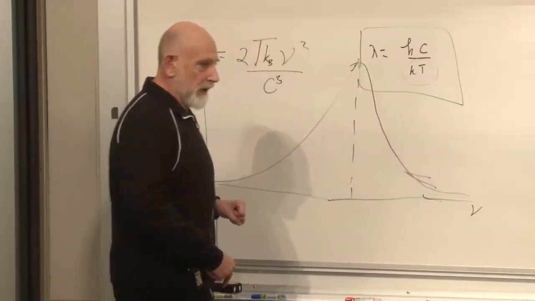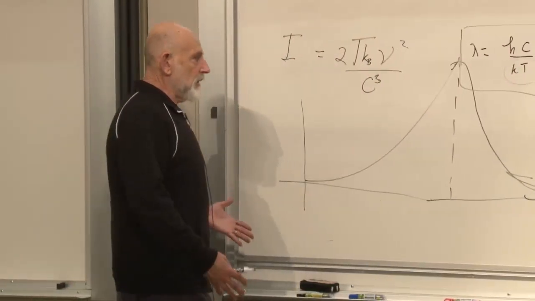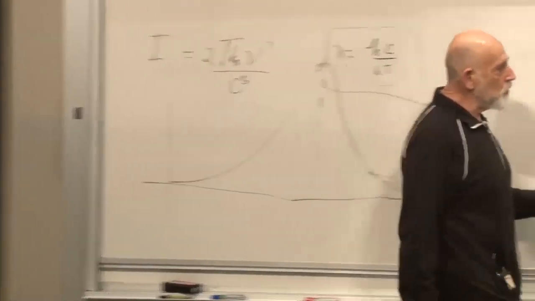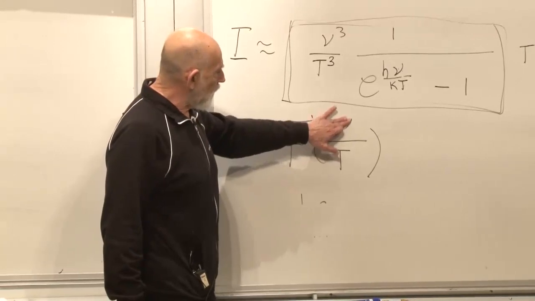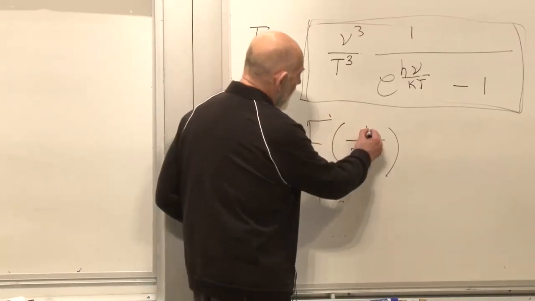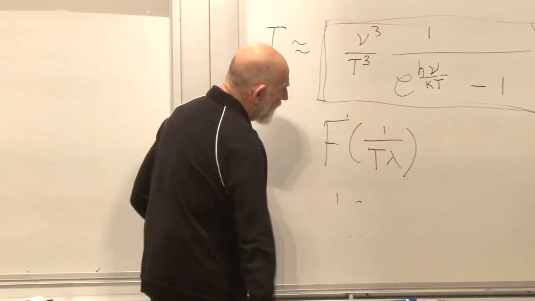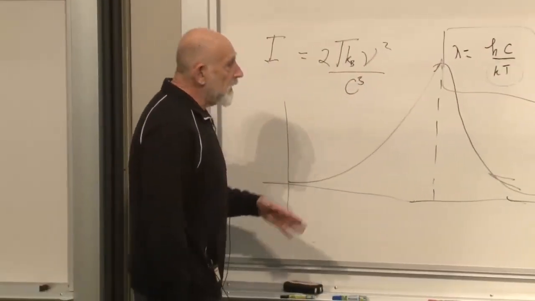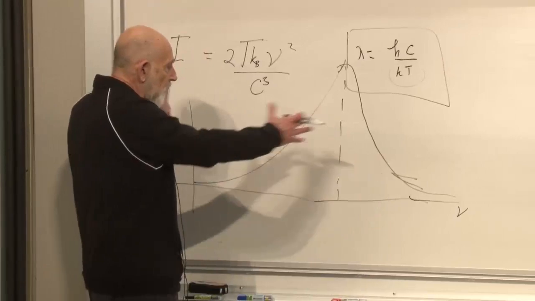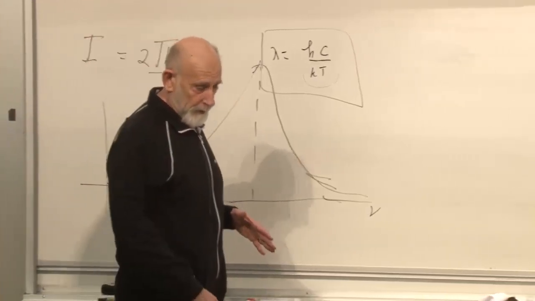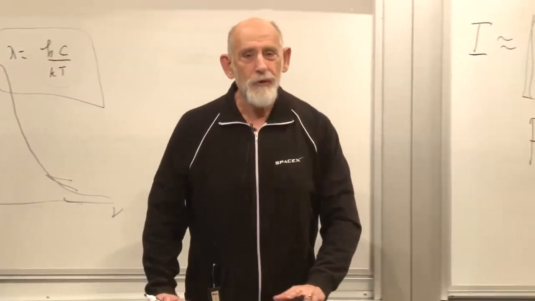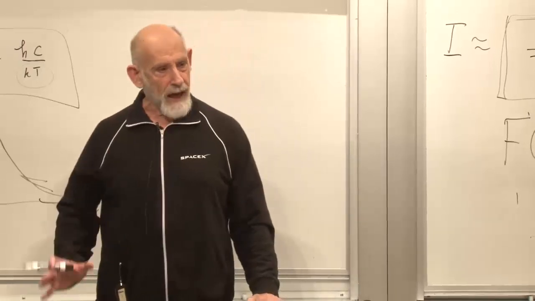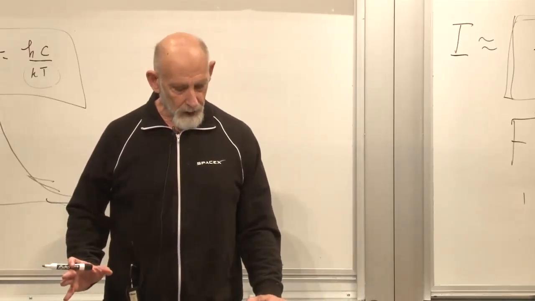In terms of wavelengths, I do the same thing. Remember that nu is proportional to 1 over the wavelength. If I change the temperature, then as a function of wavelength, I just squeeze the curve. So there's a universal behavior to the shape of the black body spectrum.